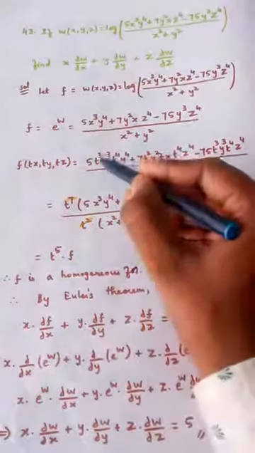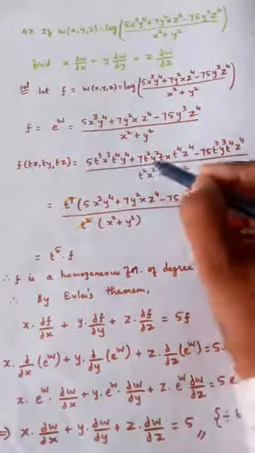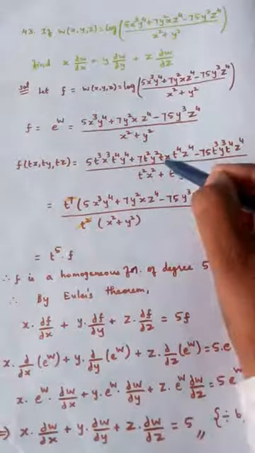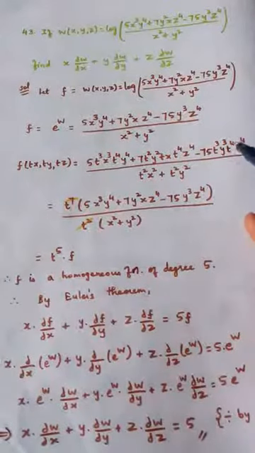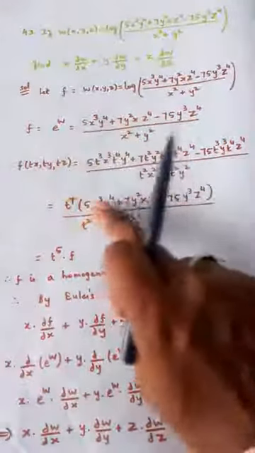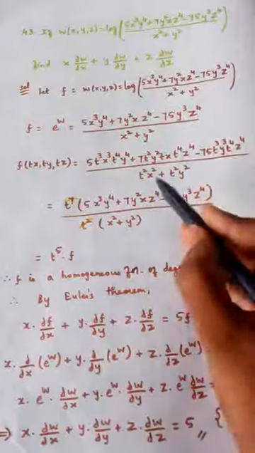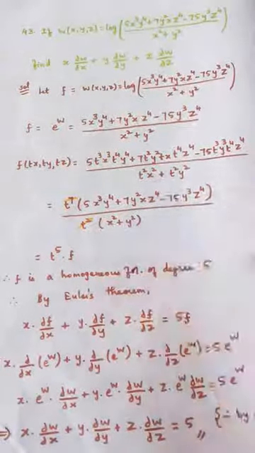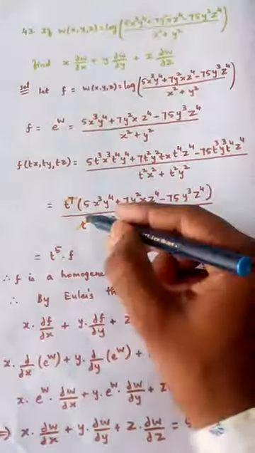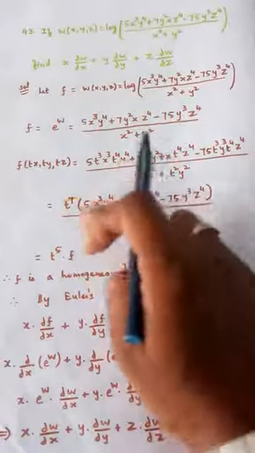How? t power 3, t power 4, so t power 7; t square, t power 3, t power 3 into t power 4, t power 7, t cube, t power 4, t power 7 is taken outside, the remaining is written here. From the denominator, t square is taken outside, the remaining is written. Cancelling these two, t power 5 comes.